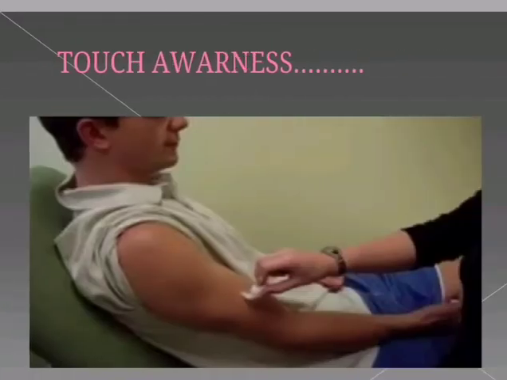Then the next one is touch awareness. This test determines perception of tactile touch input. You can use a camel hair brush or a piece of cotton and lightly stroke the dermatome.